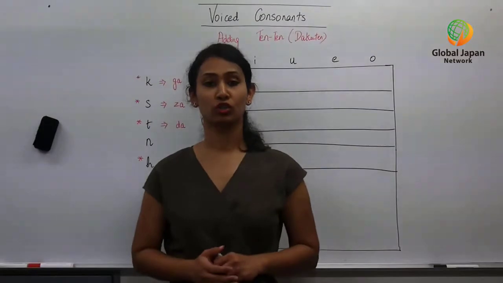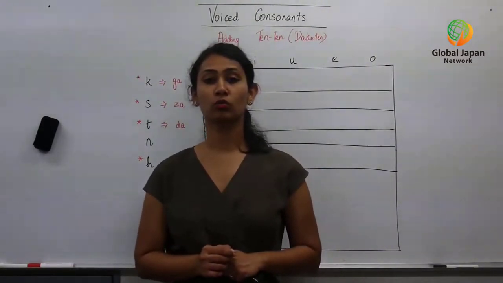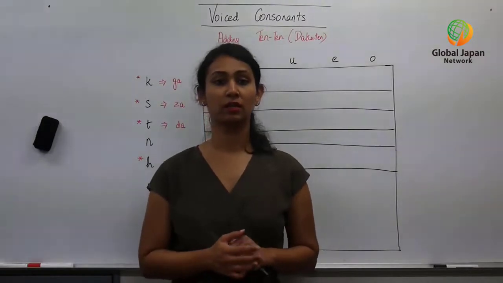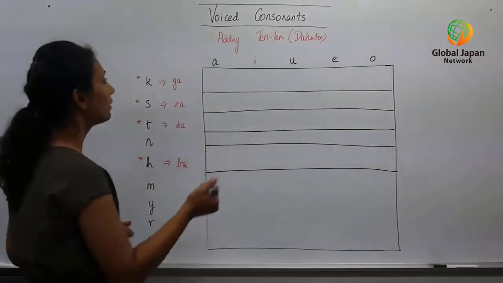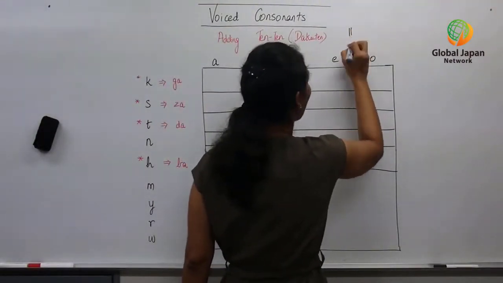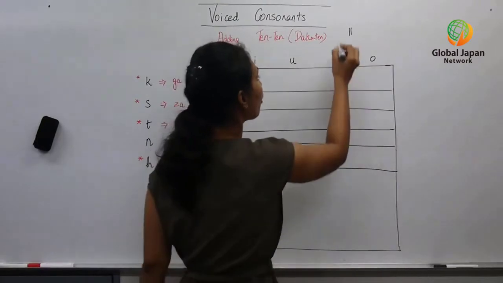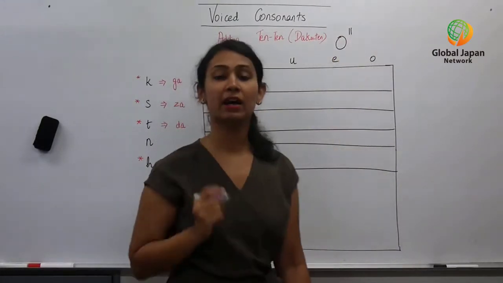Starting with voiced consonants. A consonant can be converted into a voiced consonant using tenten. Tenten is nothing but two vertical lines parallel to each other added on the top right hand side of the hiragana character.